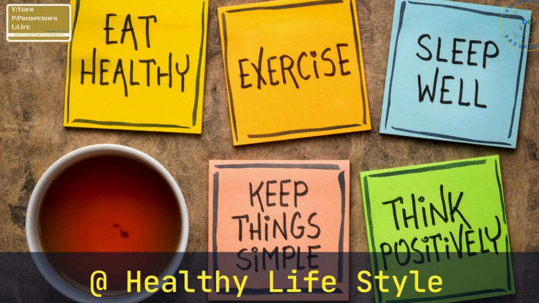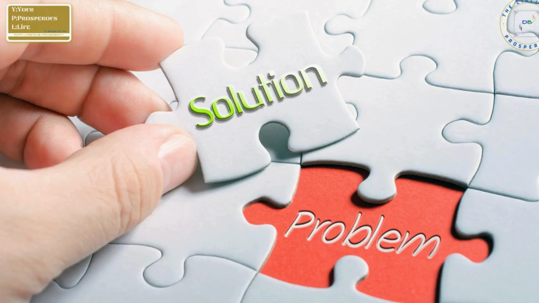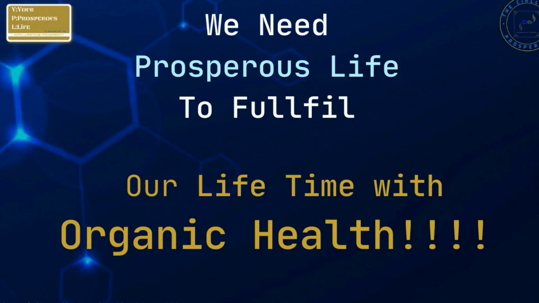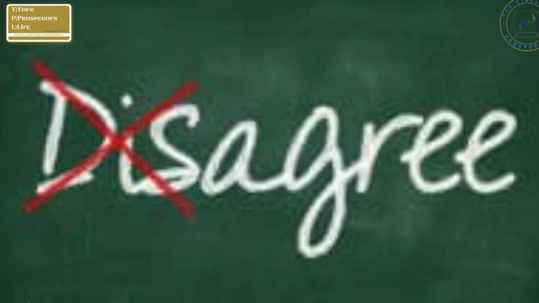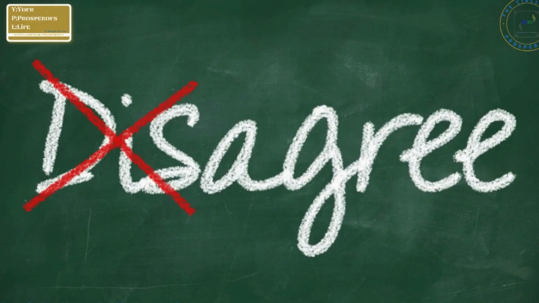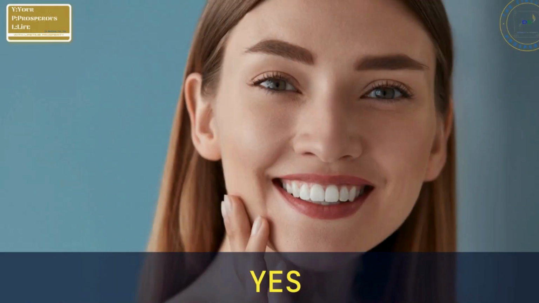If you are able to do this, then you have a solution to every problem of your life. So we need a prosperous life to fulfill our lifetime with an organic health system. Do you agree with this statement or do you disagree? Well, 99.99% of the people definitely agree with this statement.